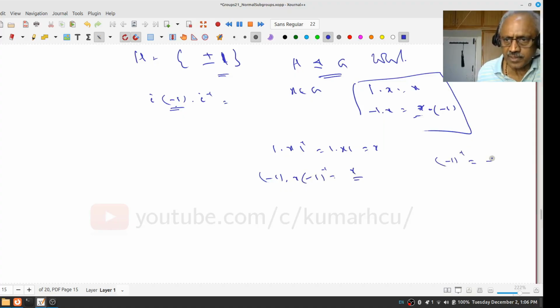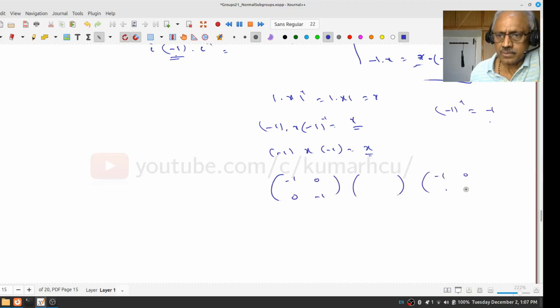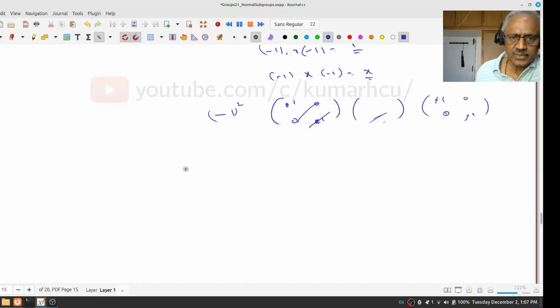Therefore minus 1 times X times minus 1, if you multiply, you will find it is X. Remember what I am doing is the matrix minus 1, 0, 0, minus 1, and X is something; the minus sign comes out as a scalar, and the result is the identity times X, therefore it is X. Is that clear?